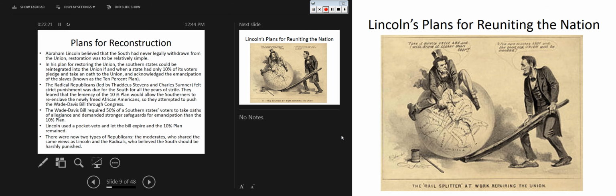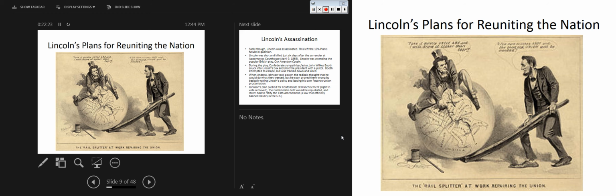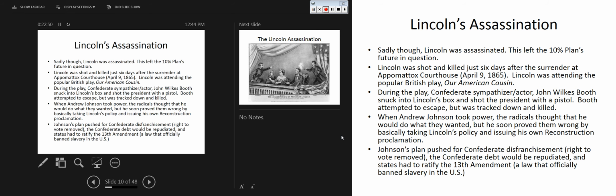And we know that both the 10% plan and the Wade Davis bill all kind of fall apart because just 5 days after Appomattox, Abraham Lincoln is going to be assassinated at Ford's Theater. So we have Lincoln's plan for reuniting the nation, the rail splitter at work repairing the Union. It's a cartoon of Lincoln's 10% plan squaring off with the Wade Davis bill.